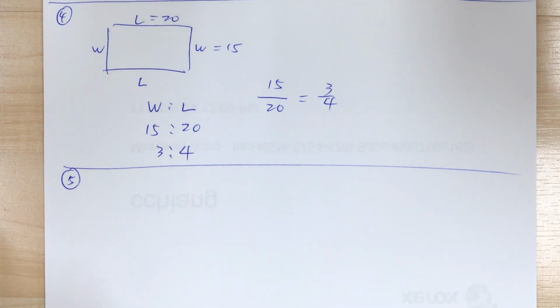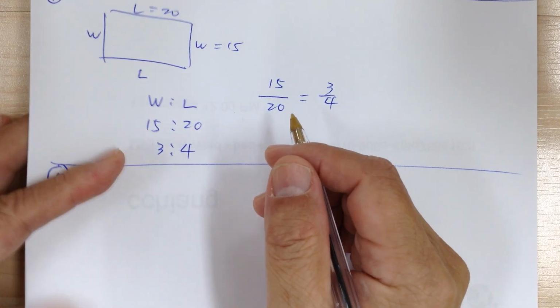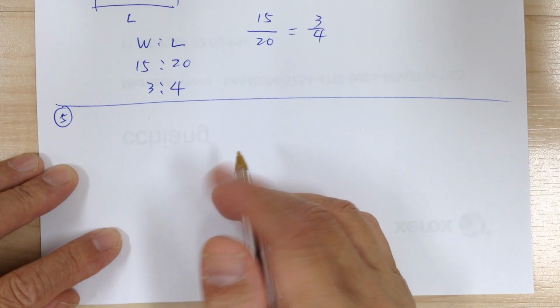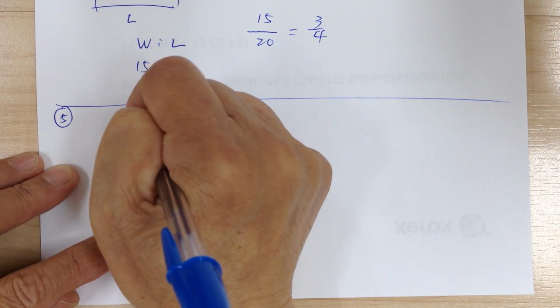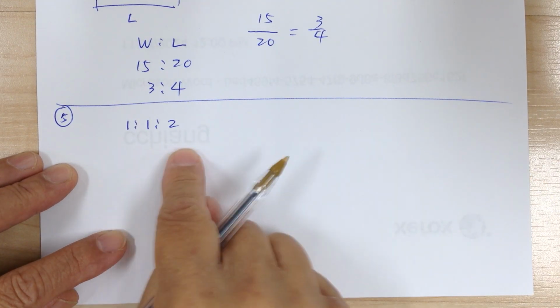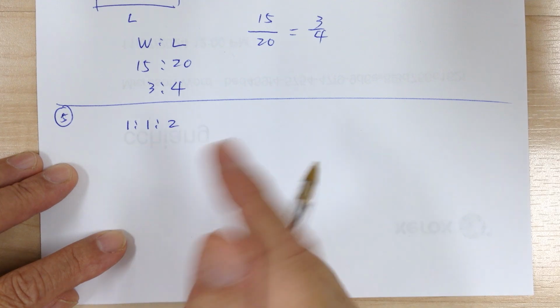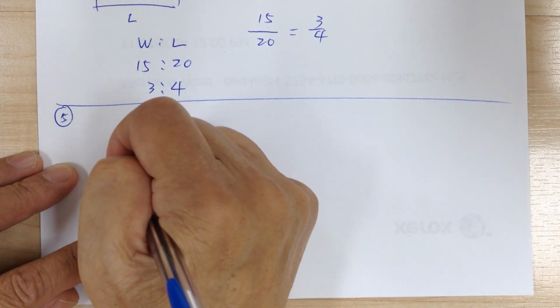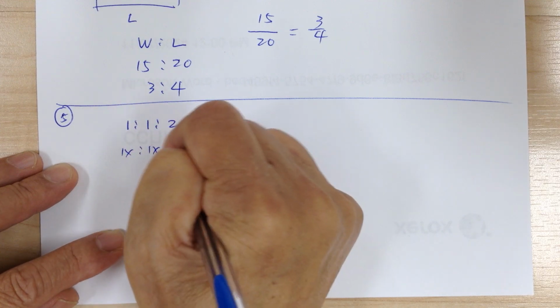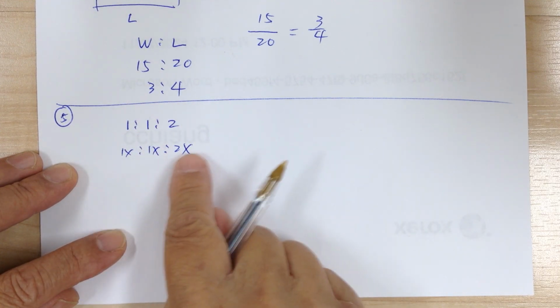Okay, number 5. Find the measure of the angles. You have the ratio of 1 to 1 to 2, and these are the three angles in the triangle. What you do is you put a multiplier: x, x, and 2x.